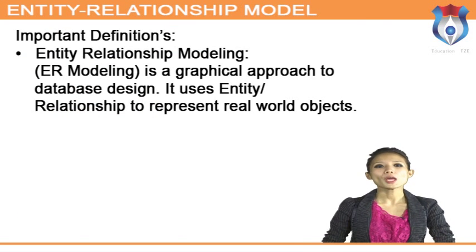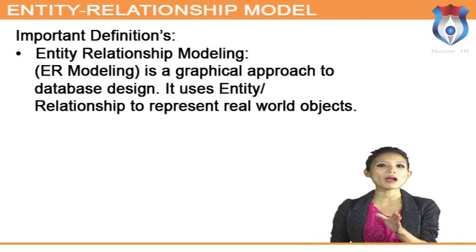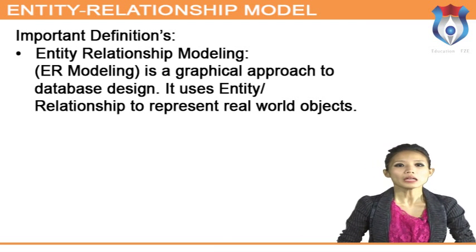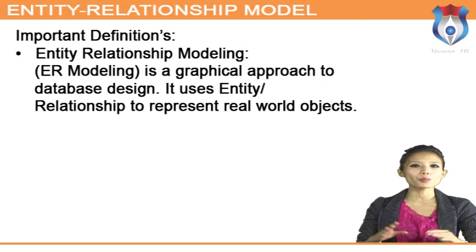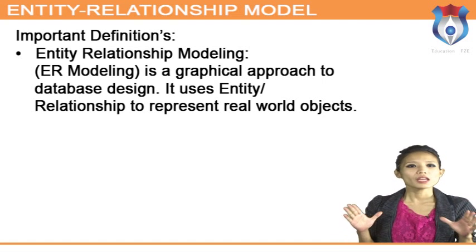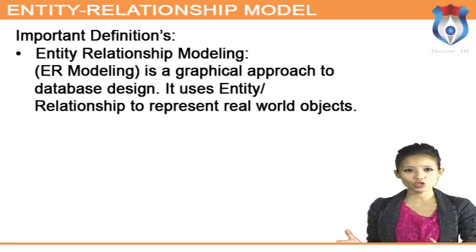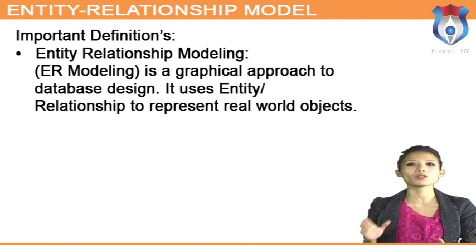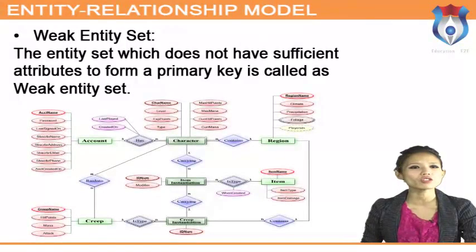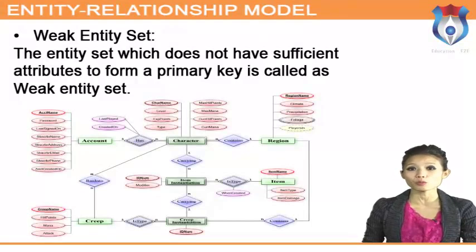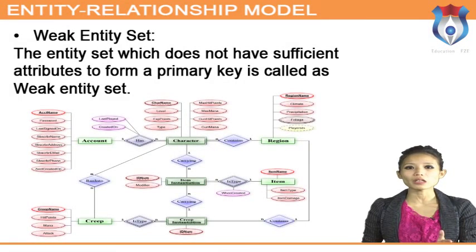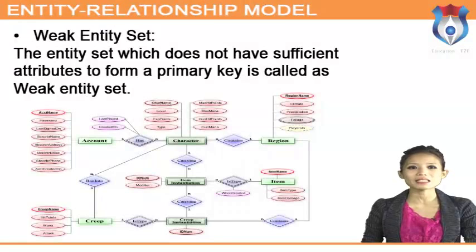There are some important definitions which you have to study further. ER modeling is a graphical approach to database design. It uses entities and relationships to represent real-world objects. The entity set which does not have sufficient attributes to form a primary key is called a weak entity set.